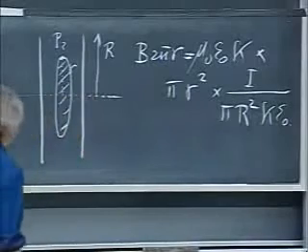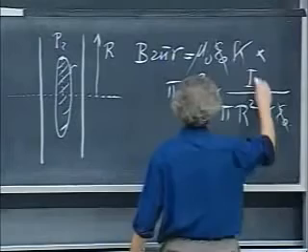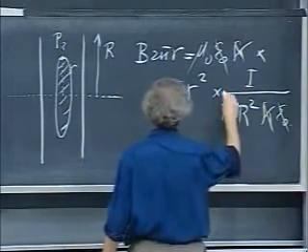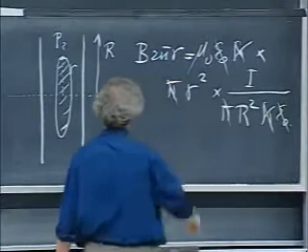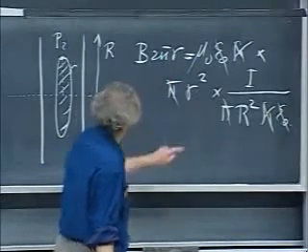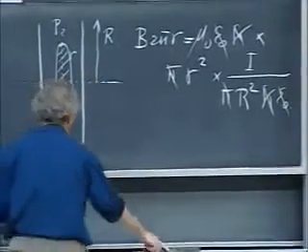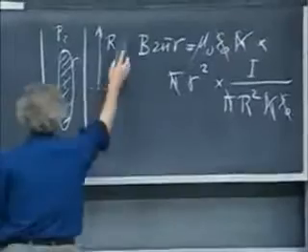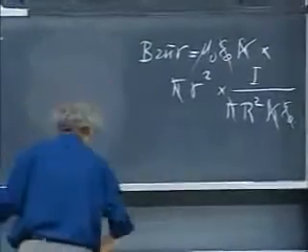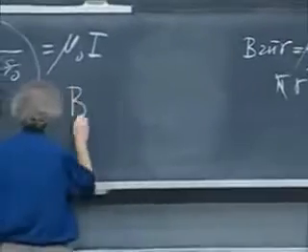And now you're again losing a lot. You lose your epsilon 0, you lose your kappa, I lose a pi. And look, I have a little r here and I have a little r squared there. So now we're going to get a result, which is something that you may actually have anticipated, namely that you get a field inside the capacitor that is growing with r.